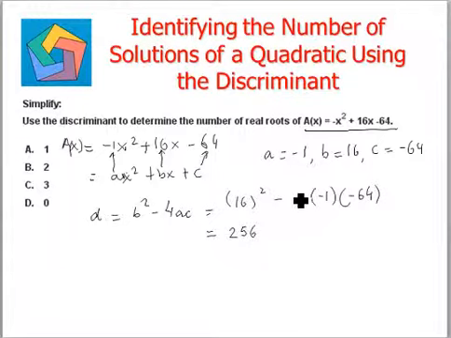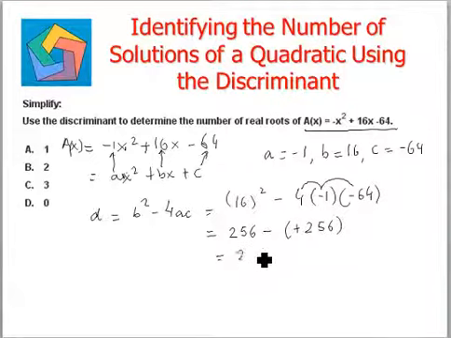Minus 4 times negative 1 is negative 4, and negative 4 times negative 64 is a positive 256. So we have 256 minus 256, which equals 0.